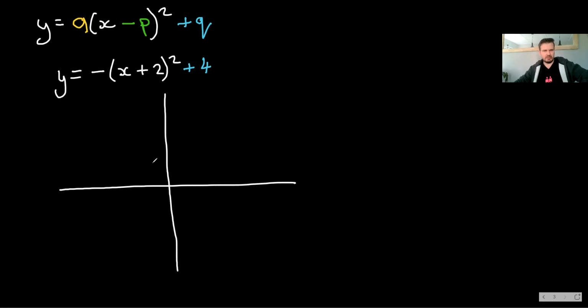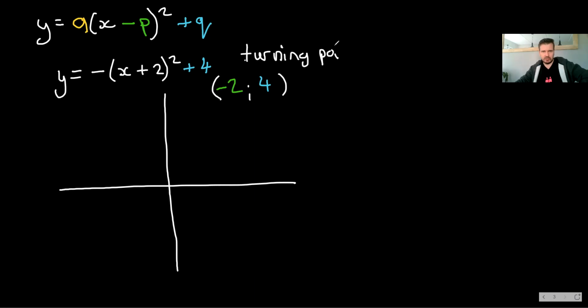Well, we can do the other stuff, but the main thing is that when you see this format, it's telling you the turning point, one of the values, the y value is 4, and the x value is -2. And so it literally tells you the turning point of this graph.